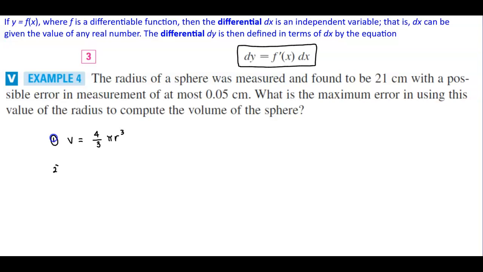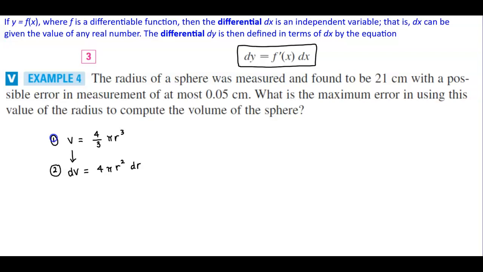What that tells us is that dV, the derivative of V with respect to r, if we multiply this, it's 3 times 4/3, which gives us 4 times pi r squared, times dr.